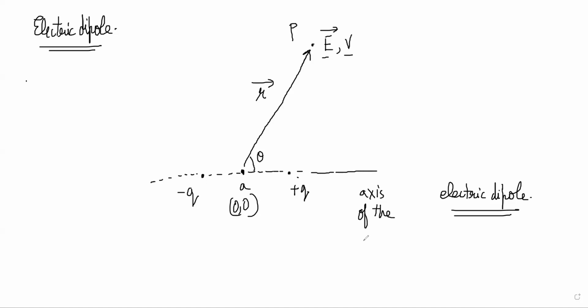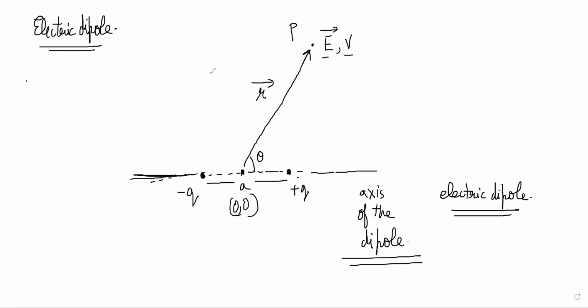The axis of the dipole is the line joining the two charges. Now, the separation between them was A. This is the r vector from the origin, which is the center of the dipole, to the point P. And our job is to find the field and potential at this point P.